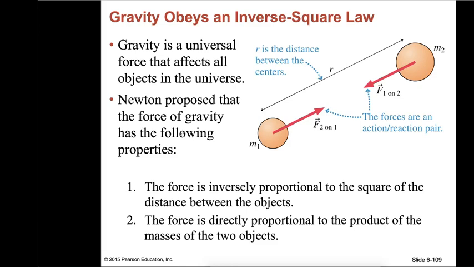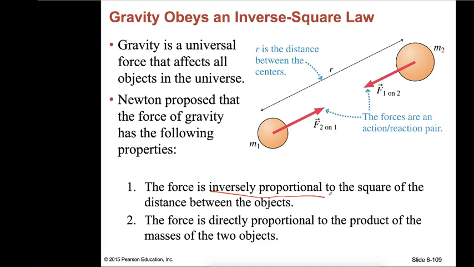So the properties are: first, the force is inversely proportional to the square of the distance between the two objects. Means when the two objects are farther away, the force becomes smaller. Second, the force is directly proportional to the product of the masses of the two objects.